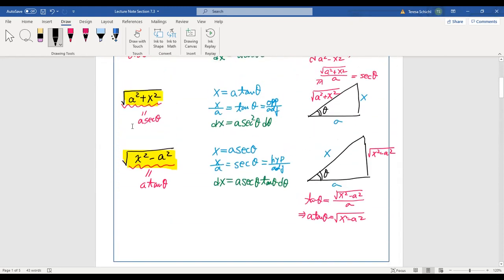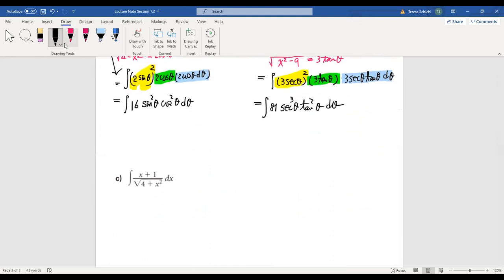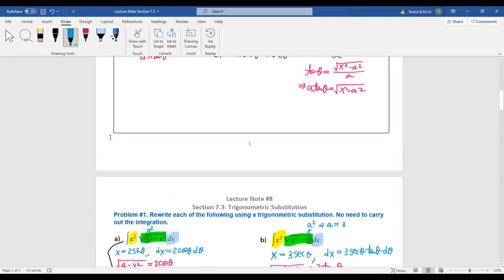I can use the tangent, right? So I know what is here. This is my a squared, correct? So what is my a? A is 2. So a squared plus x squared.